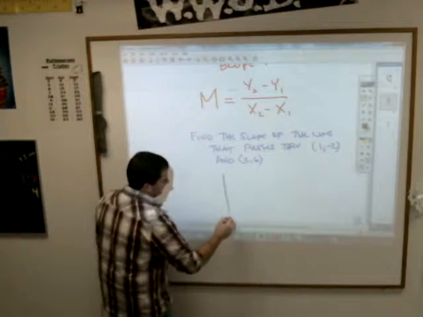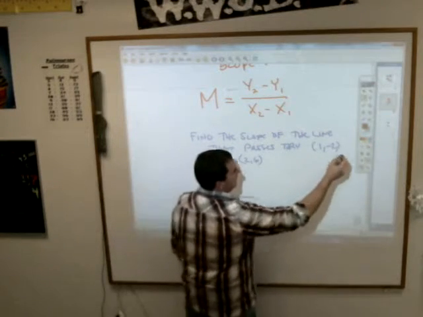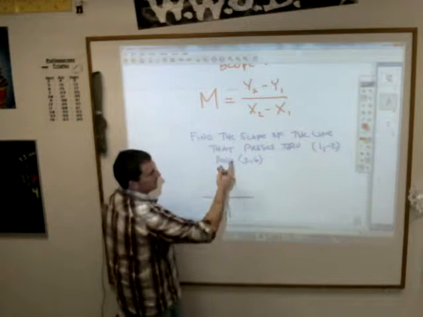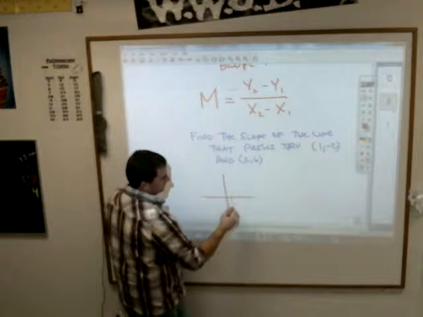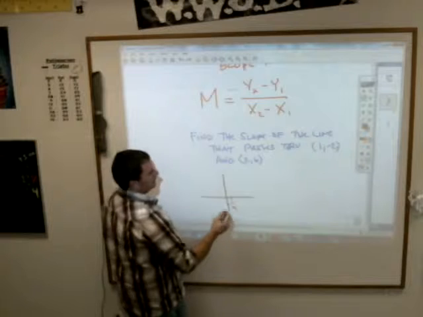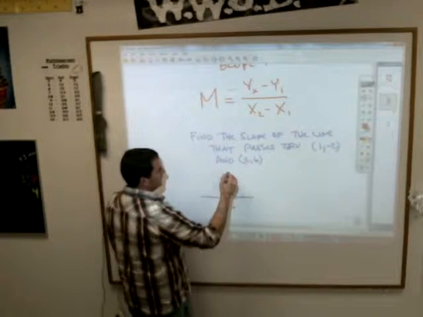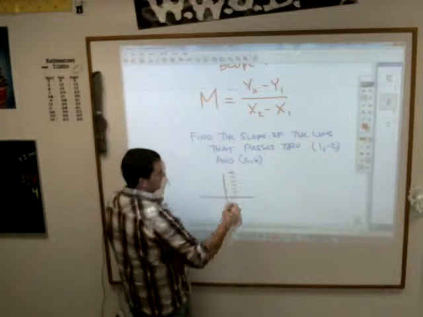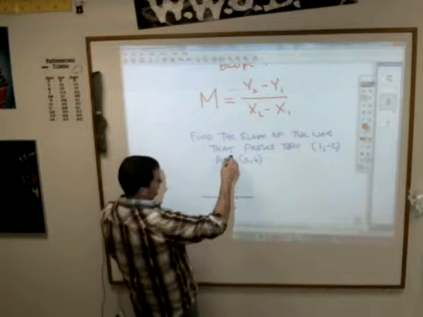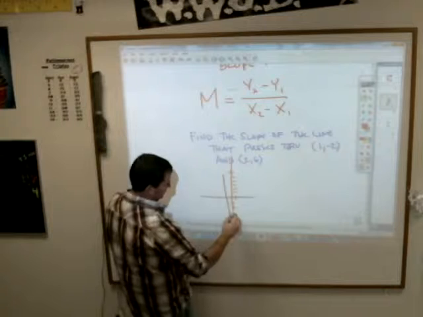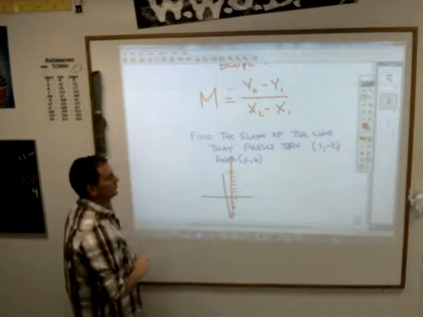Let's say you've got a graph and these 2 points, (1, -2) and (2, 6). Here's your line, children. And you're asked to find the slope.